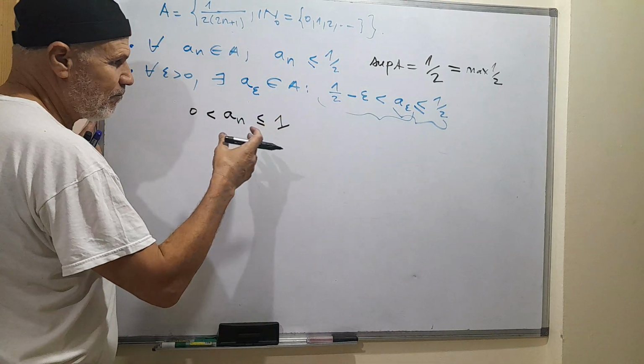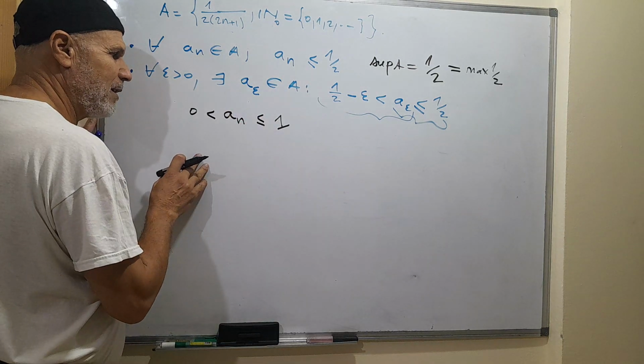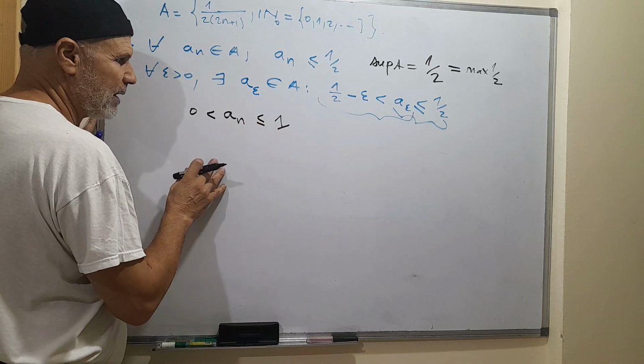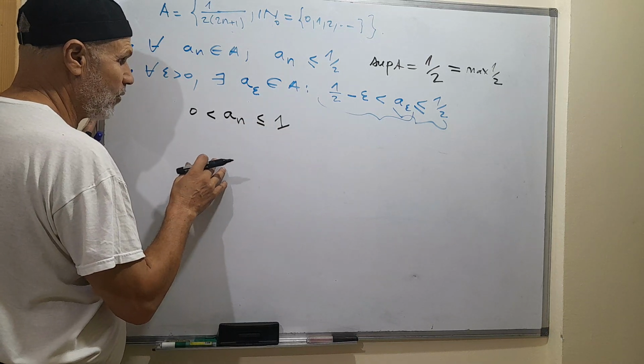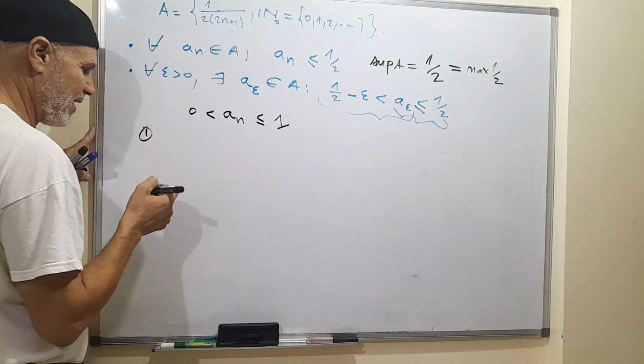Suppose that by error we found 1. Can 1 be the supremum? We check.